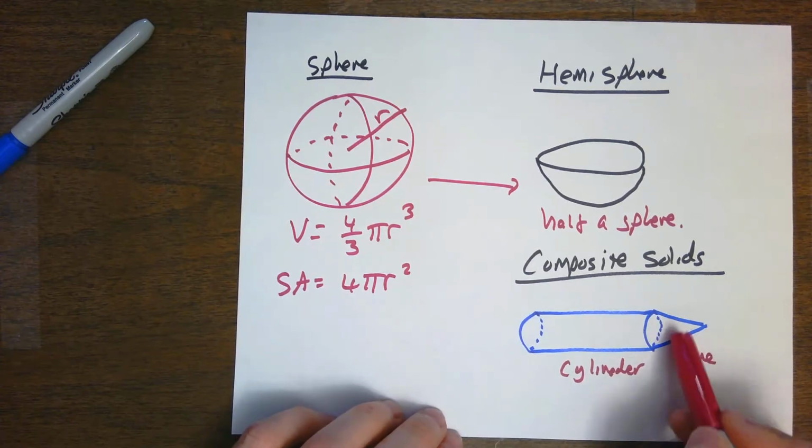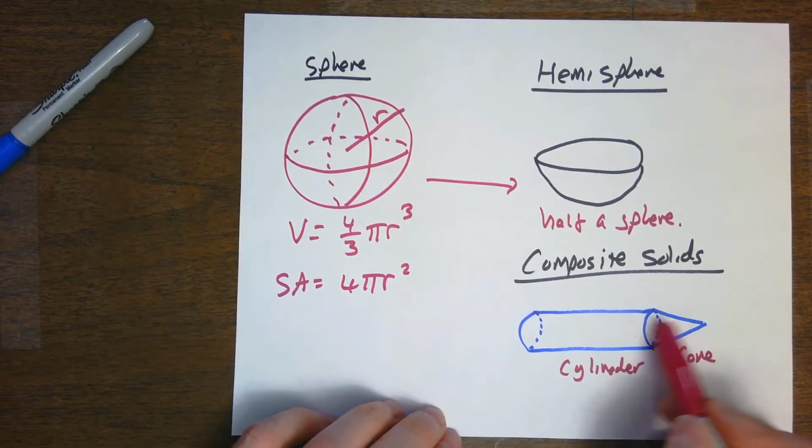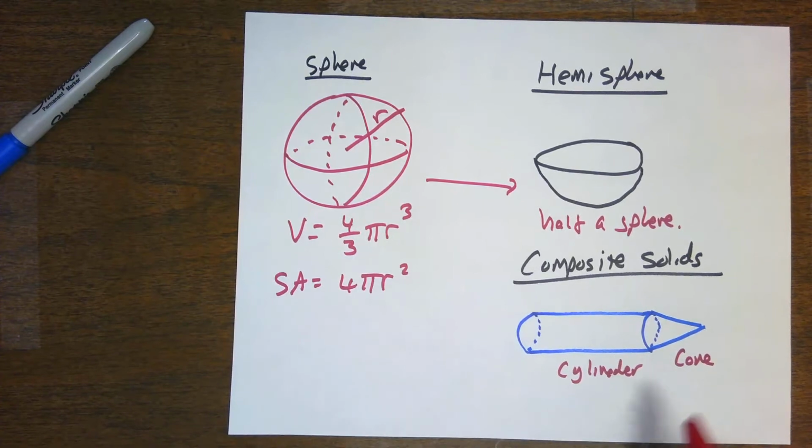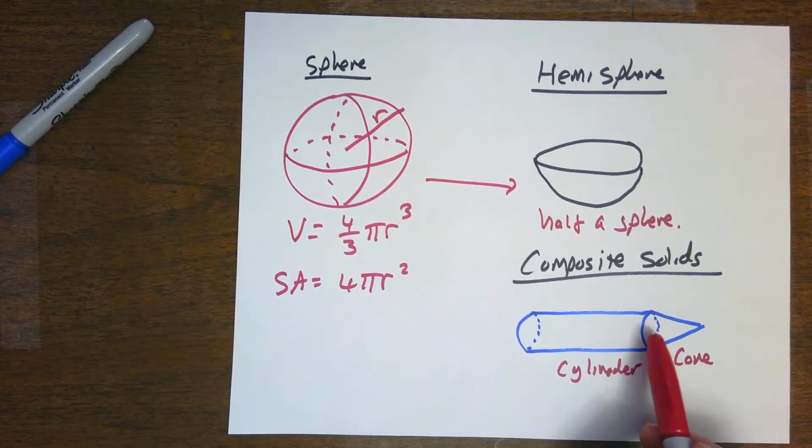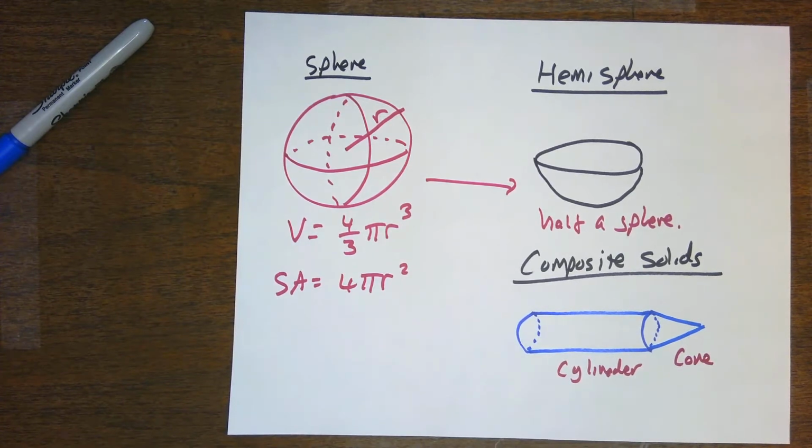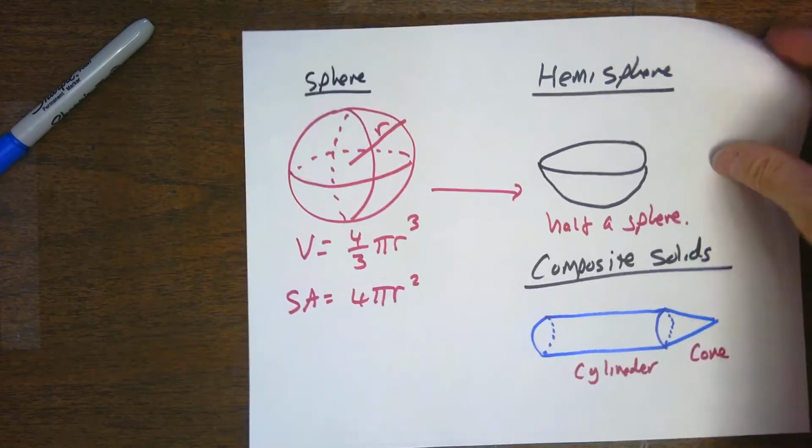And then as far as the cone goes, not the bottom of the cone, just the lateral face of the cone. The bottom of the cone and the top of the cylinder are actually inside and not part of the surface area. So we're going to have to be very careful when we're dealing with these types of composite figures. All right, I've got one sample problem for you, and then I'm going to give you a chance to do 6.B.